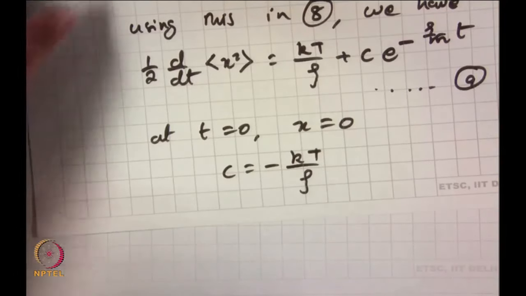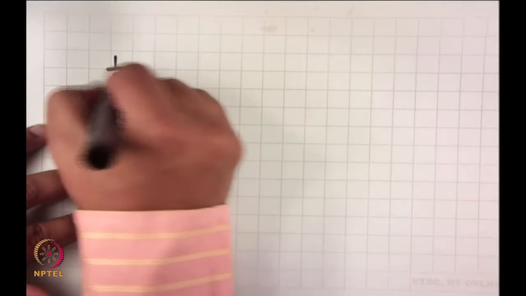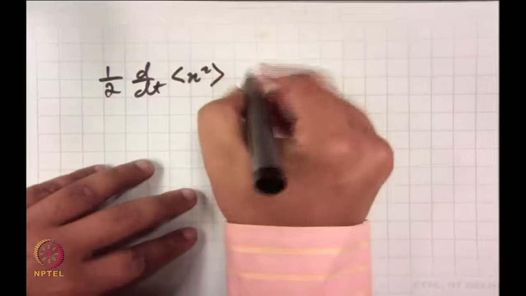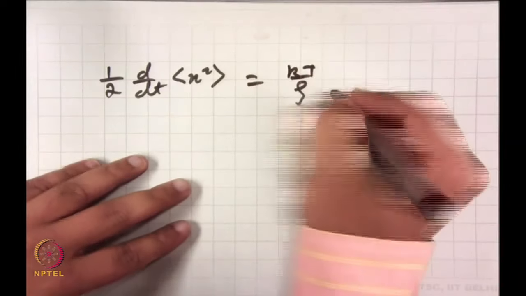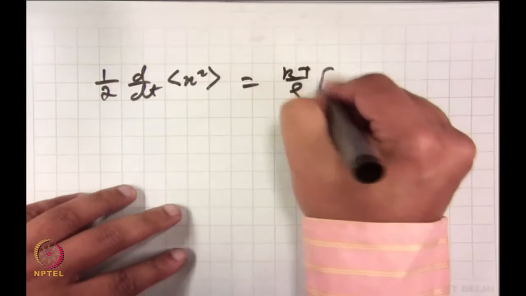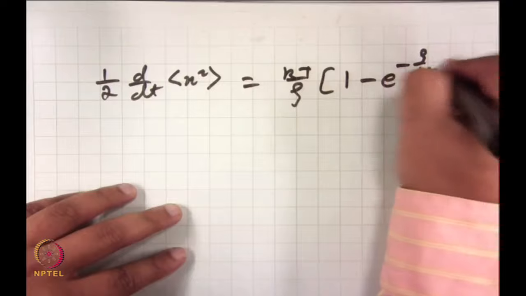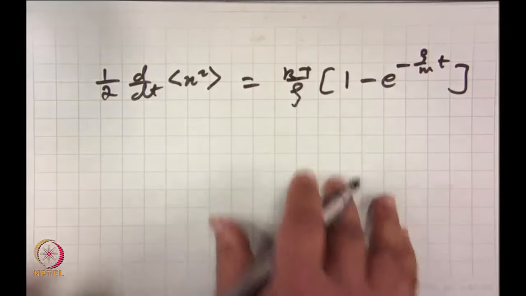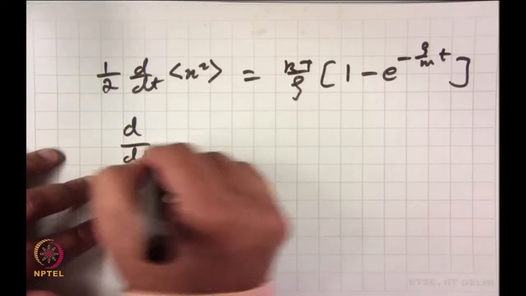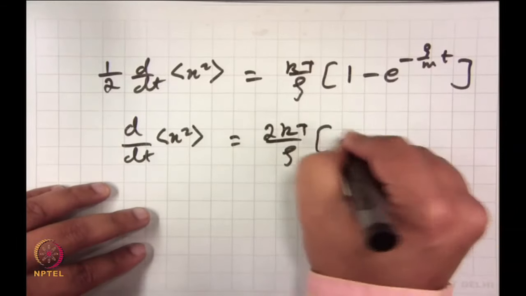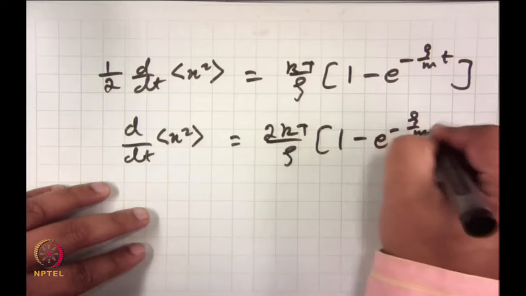Okay. And if that is what we have, then I can write half d/dt x squared is equal to kt by xi into 1 minus e to the power minus xi by m into t, or d/dt x squared is equal to 2kt over xi into 1 minus e to the power minus xi by m t.